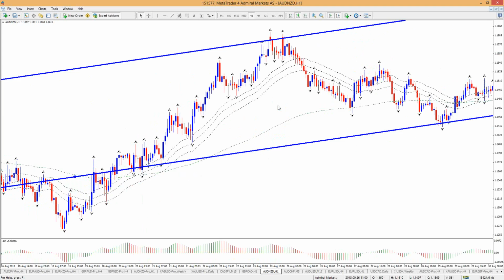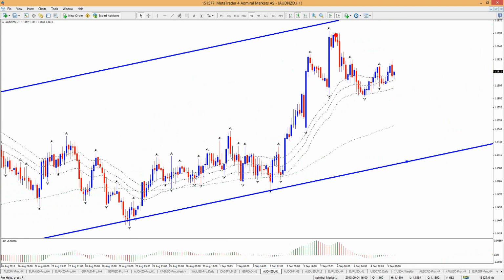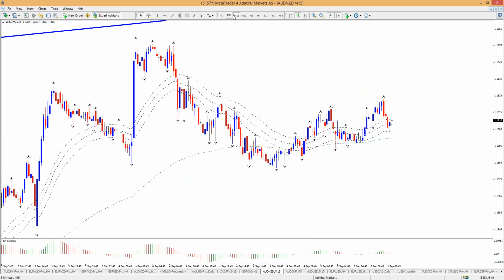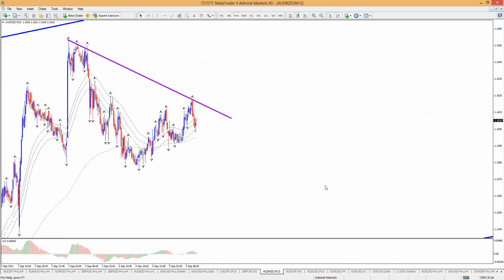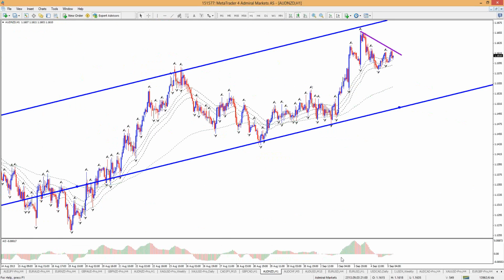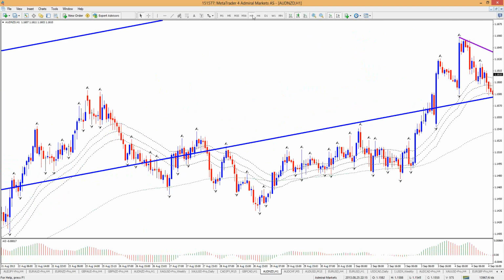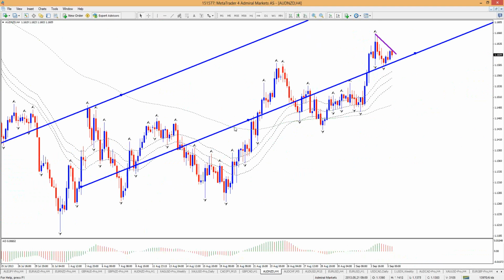Okay, price is above those moving averages. Here too. So I would say if we put a trend line on that, and we break that trend line, oh, I hate that when it happens.